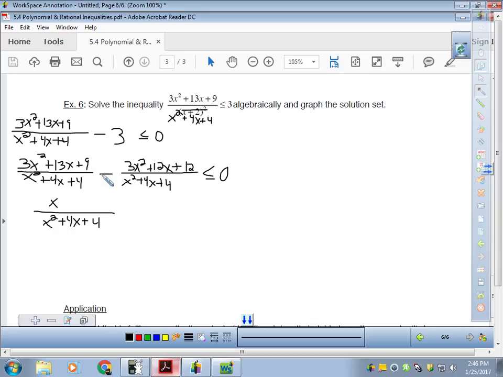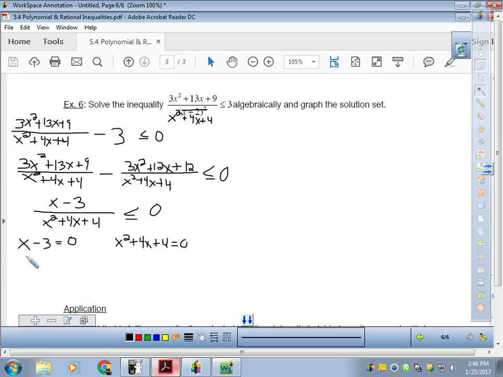And then 9 minus 12 is negative 3. Less than or equal to 0. So at that point, we now have it down to one fraction. Once we have that, then we can take the top, which is x minus 3, and set it equal to 0. And then we can take the bottom, which is x squared plus 4x plus 4, and set it equal to 0.